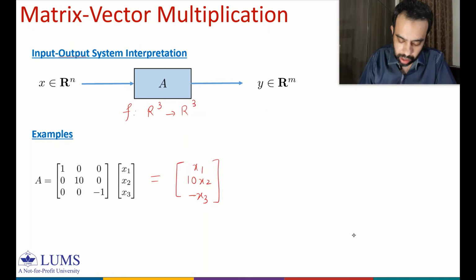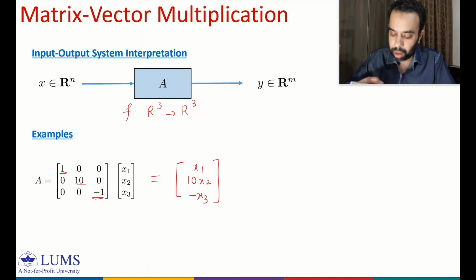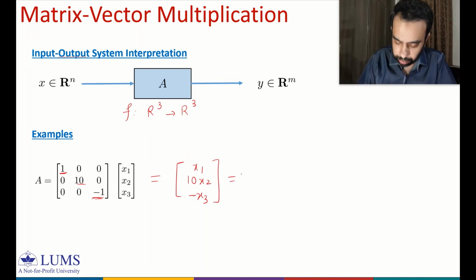Say x1 is scaled by 1, x2 is scaled by 10, and x3 is scaled by -1. So you give any vector x, and what you obtain is x1, 10 x2, minus x3 as different components of the vector y.